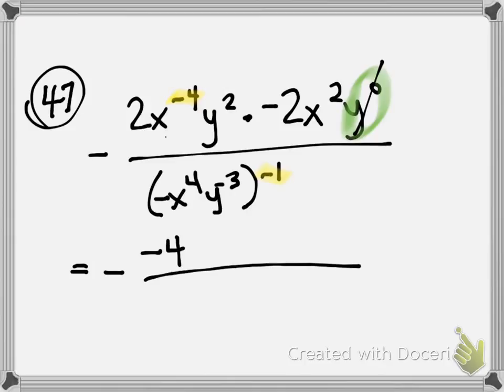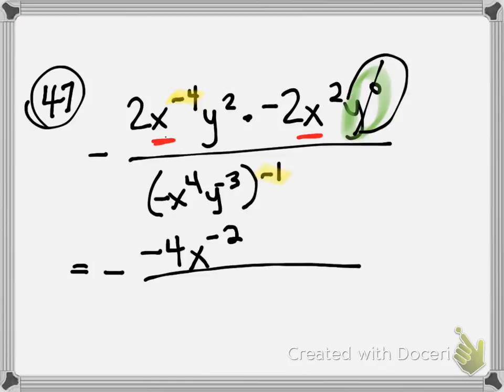X to the negative 4th times x squared. Okay, so, excuse that telephone. 2 times negative 2 is negative 4, and the negative in front, I'm just going to carry it right along. Now I'm looking at my x's, so I have a negative 4 plus 2, because that's the same base. So that's going to turn into a negative 2.